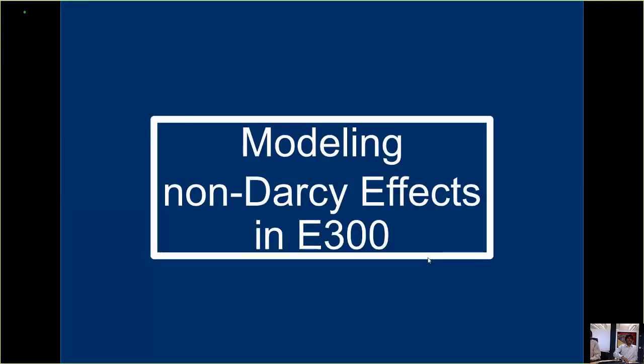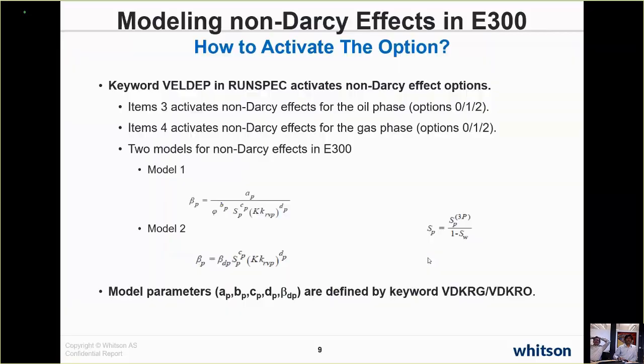Now, going to non-Darcy flow effects in Eclipse 300. For that, we go to the same keyword WELDEBT, items number 3 and 4. Item number 3 is the non-Darcy effect in the oil phase, and item number 4 is the non-Darcy effect in the gas phase.